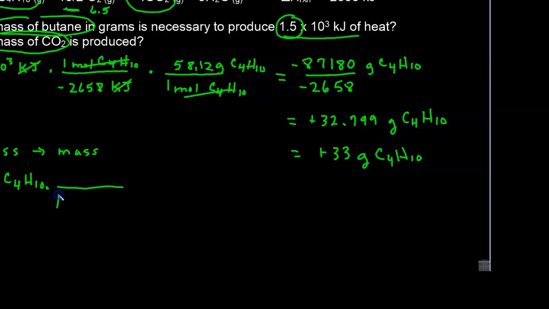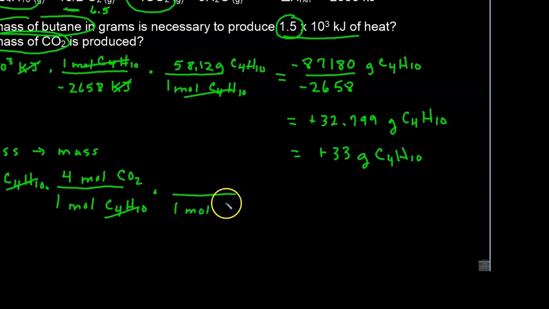So I have 1 mole of the butane produces 4 moles of carbon dioxide. So there's my conversion, but I don't need moles, I need grams. So 1 mole of carbon dioxide is how many grams of carbon dioxide.